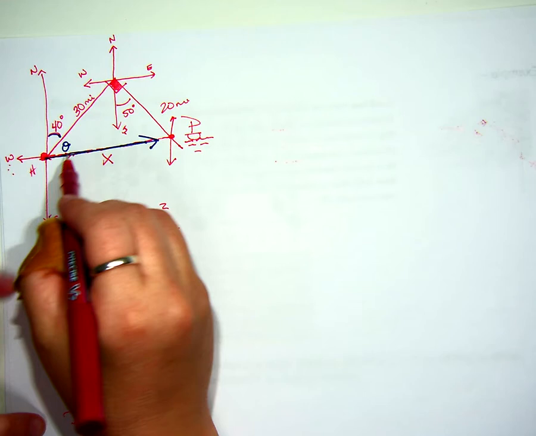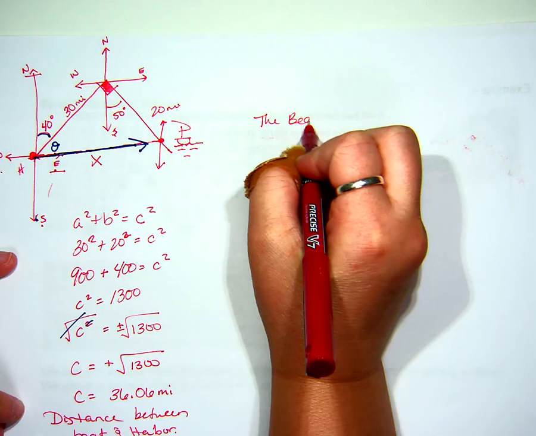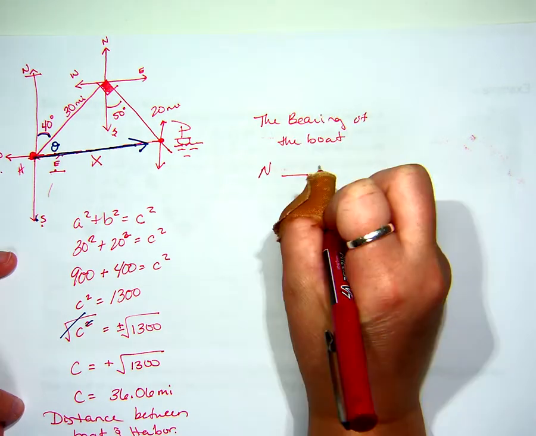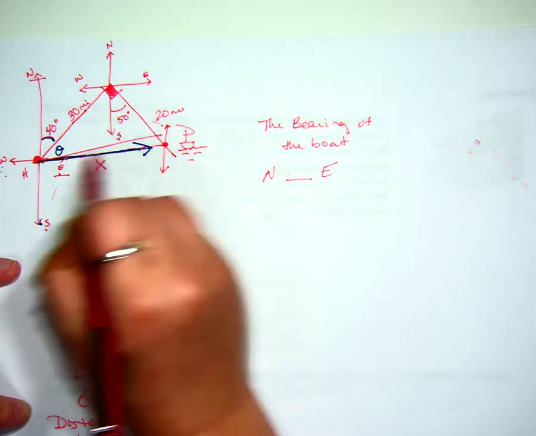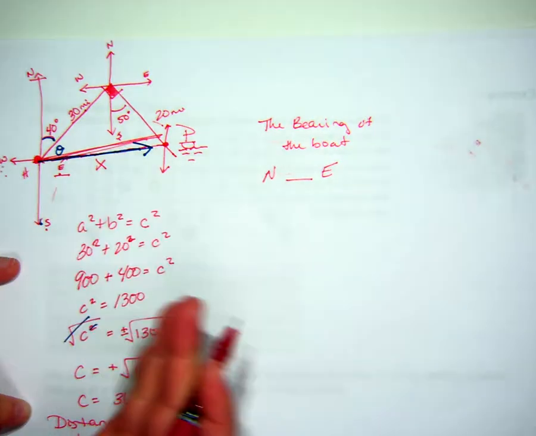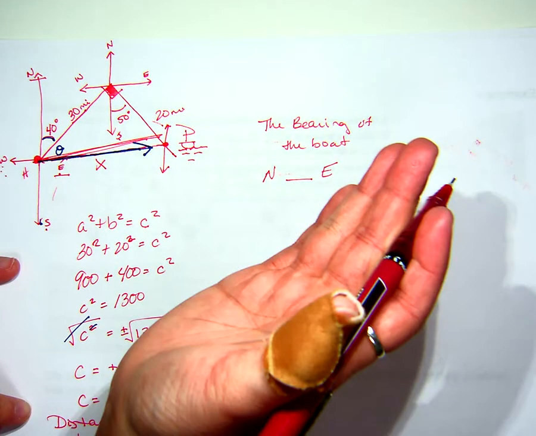So I know that the bearing of the boat is north, some angle, east. Now, if you're not sure if you're drawing it right, keep in mind 30 miles is a greater distance than 20 miles, so your line will be lifting up, okay?